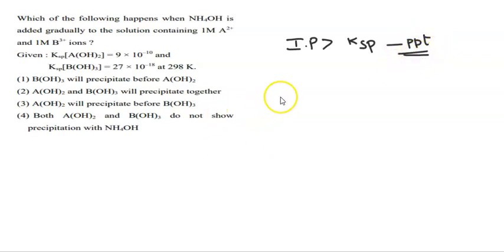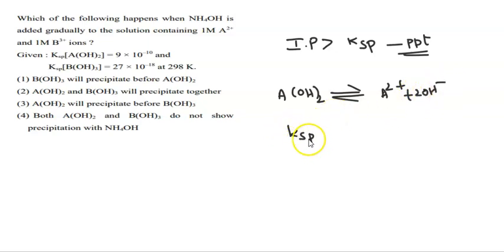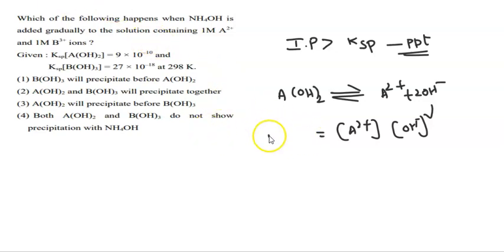So for example, A(OH)2 is in equilibrium with A2+ and 2OH minus, Ksp is equal to the concentration of A2+ into OH minus whole square. Not Ksp, you are going to calculate the ionic product, both have the same expression.